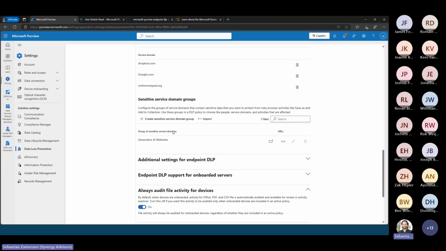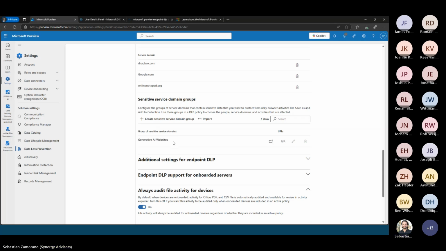Joshua is asking whether DSPM for AI does not record correctly. Yes, with DSPM for AI, if you're not using endpoint DLP, you will lose information about someone using Gemini or Claude or other AIs, DeepSeek.